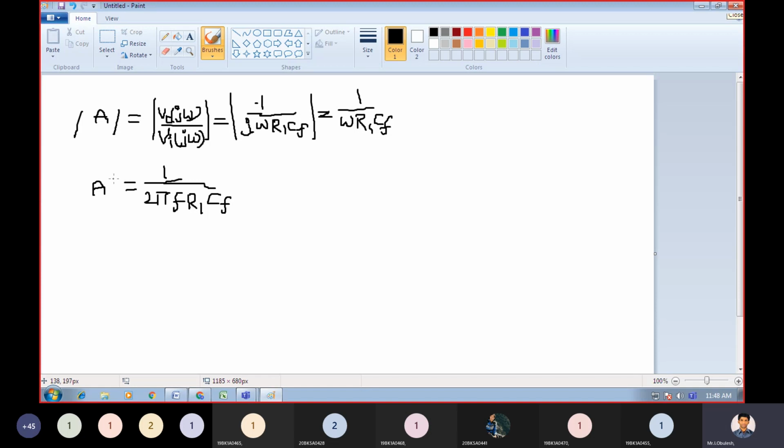In terms of frequencies, mod A equals fb by f, where fb is 1 by 2 pi R1 CF.